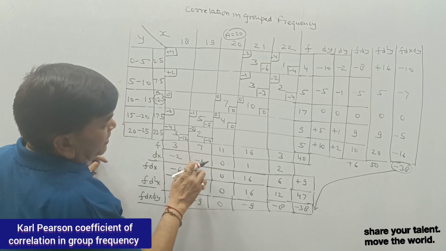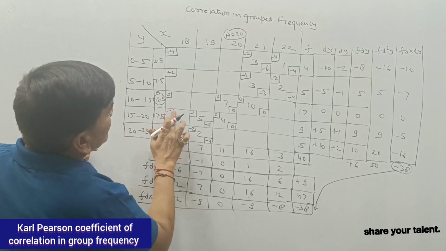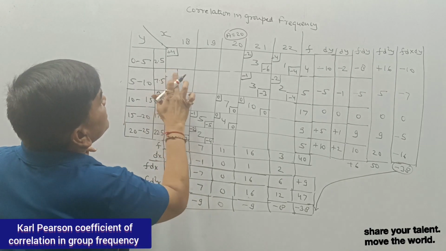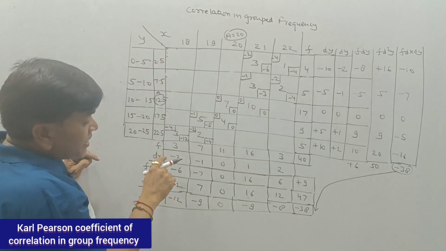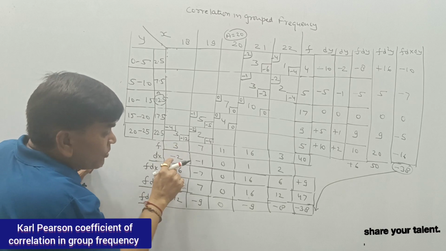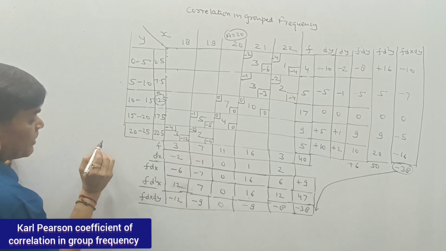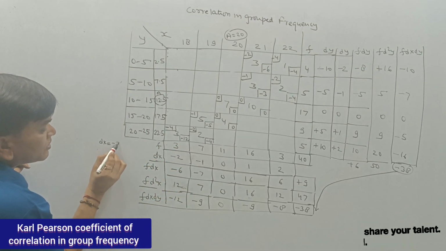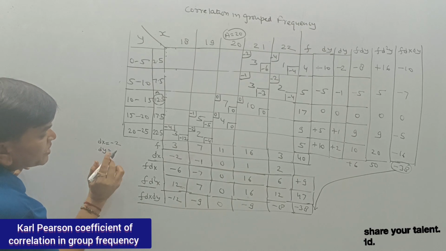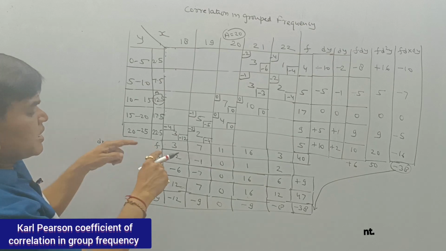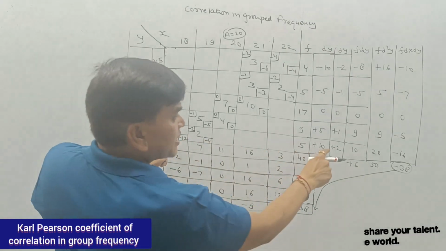Next minus 1, this. So this value doesn't matter because these blocks are empty. This has a value 3. So dx is minus 2 and dy is plus 2 here. In this box, this is minus 2 and this is plus 2.